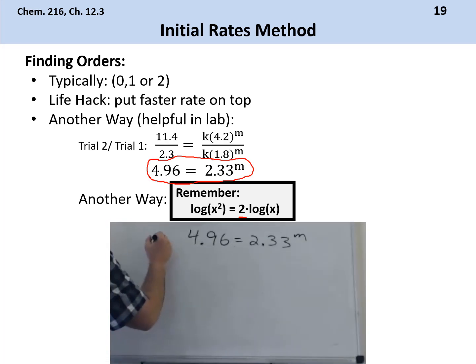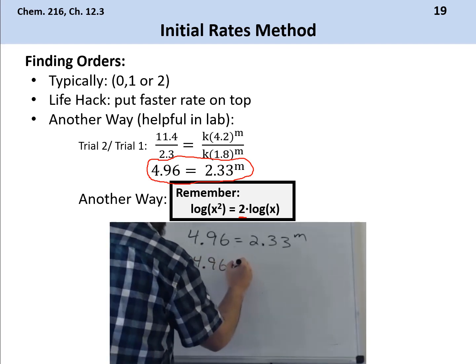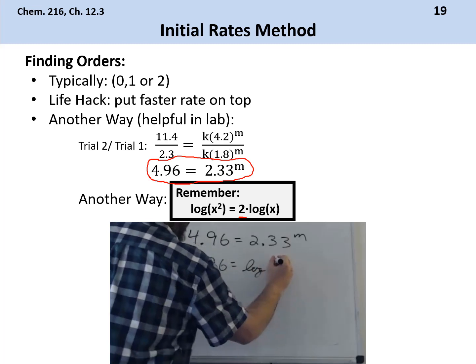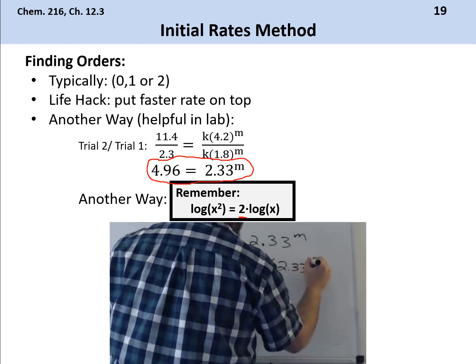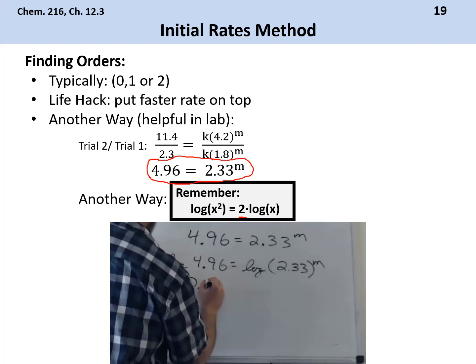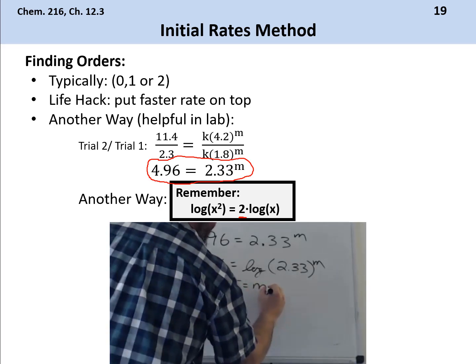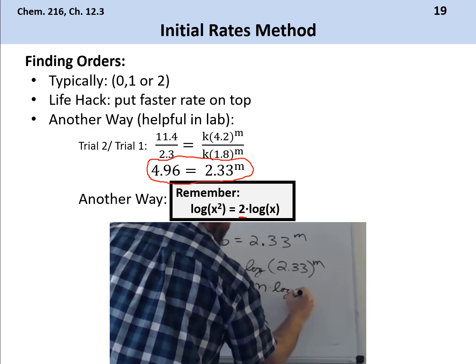If I take the log of both of these, I can go ahead and rearrange this, right? Such that log of 4.96, which I can do in my calculator, and that's 0.6955, equals m times the log of 2.33.